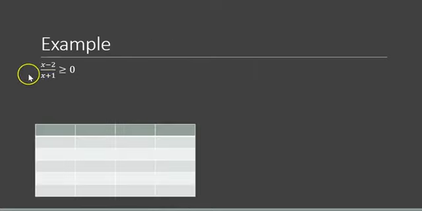So check, we have a single fraction and the right side is 0. So we get the zeros of the numerator. That means x minus 2 equals 0. We solve for this, so x is equal to 2. And then the zero of the denominator, x plus 1 equals 0, so x is equal to negative 1. So these are the zeros.